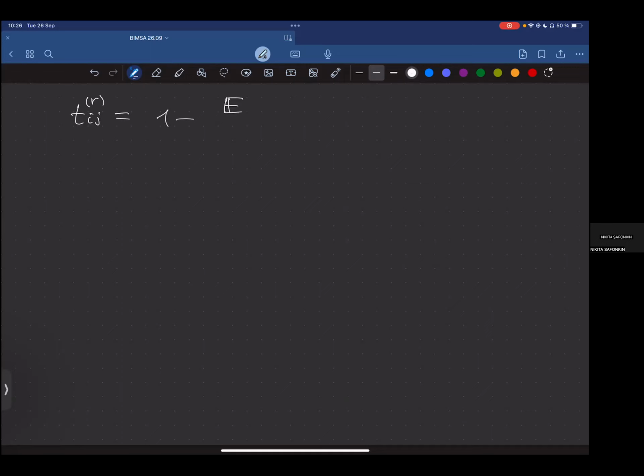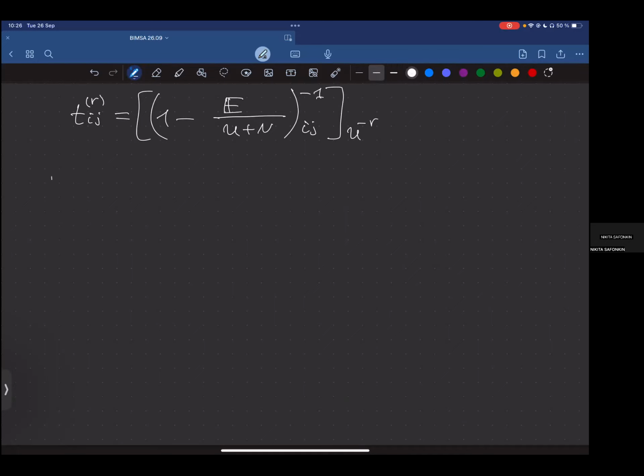We have the matrix E, which I define in a second. We consider this, and then minus r. So let me explain what is written here.